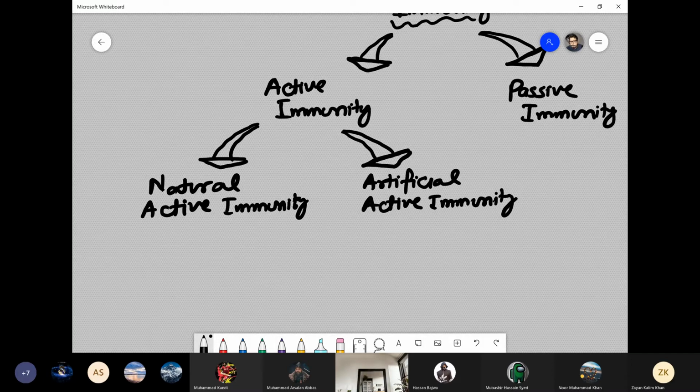As my own body's white blood cells took part in the production of the antibodies, my own body took part actively in producing the immune response. So this kind of immunity will be called natural active immunity.